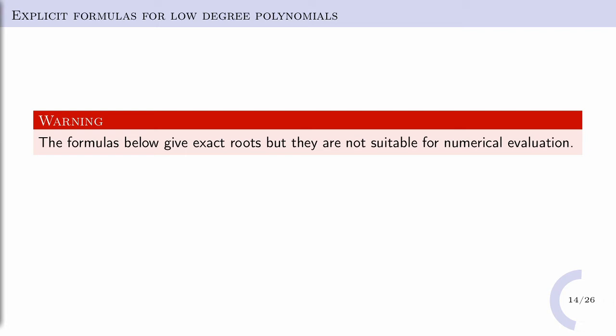They are inherently badly conditioned. So the bottom line is, don't use these formulas with floating point numbers, but for exact numbers, for symbolic computation, they are okay. I will follow the historical path and at the same time follow the path of increasing degrees of polynomials.